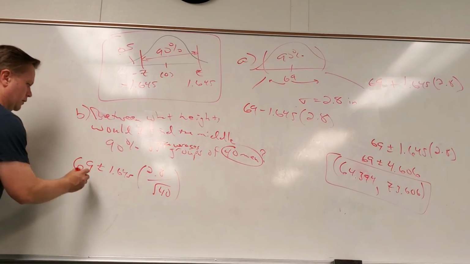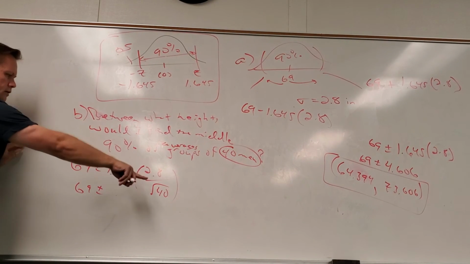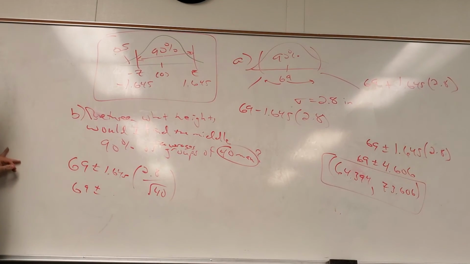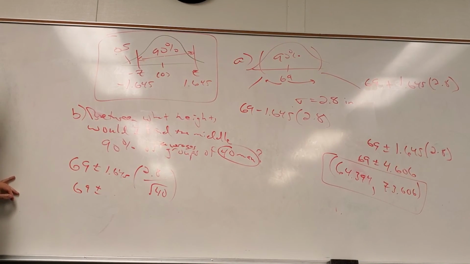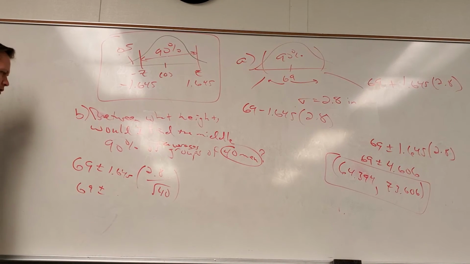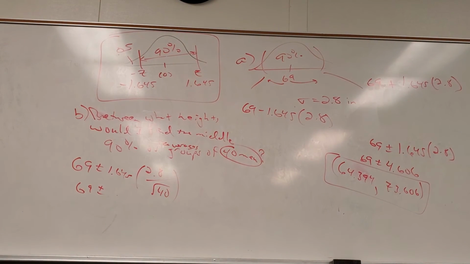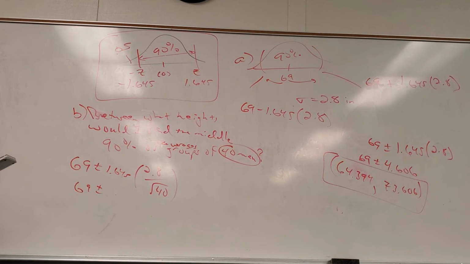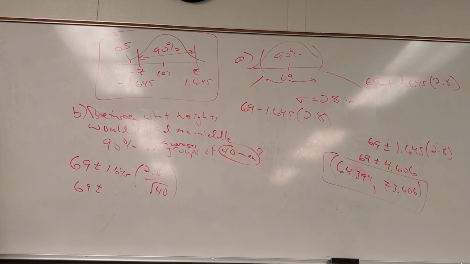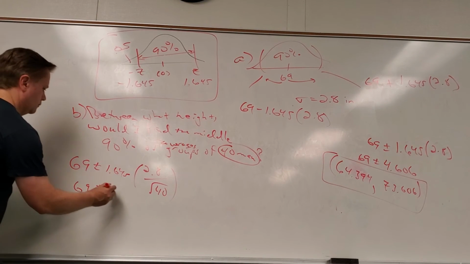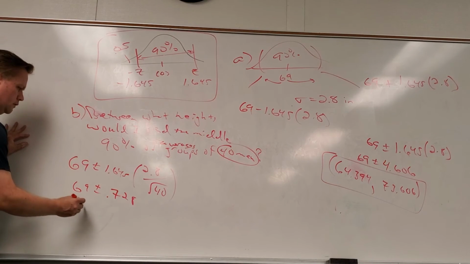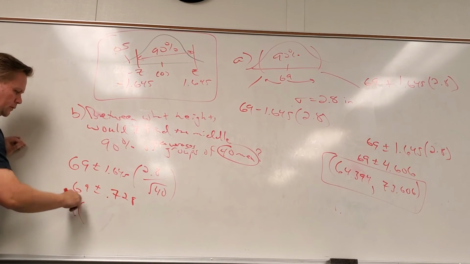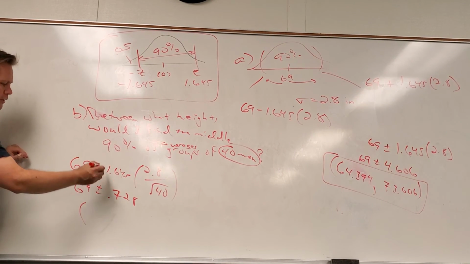And so, help me out. This will be 69, give or take, whatever this is. It's roughly 0.7. Yeah, 0.728. Then if I subtract it, real quick, it's pretty cool.